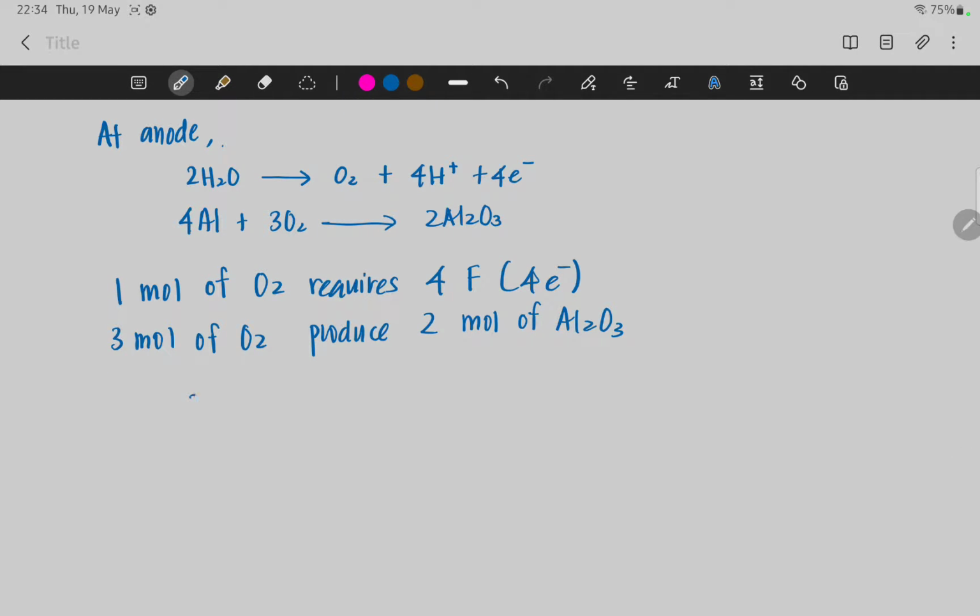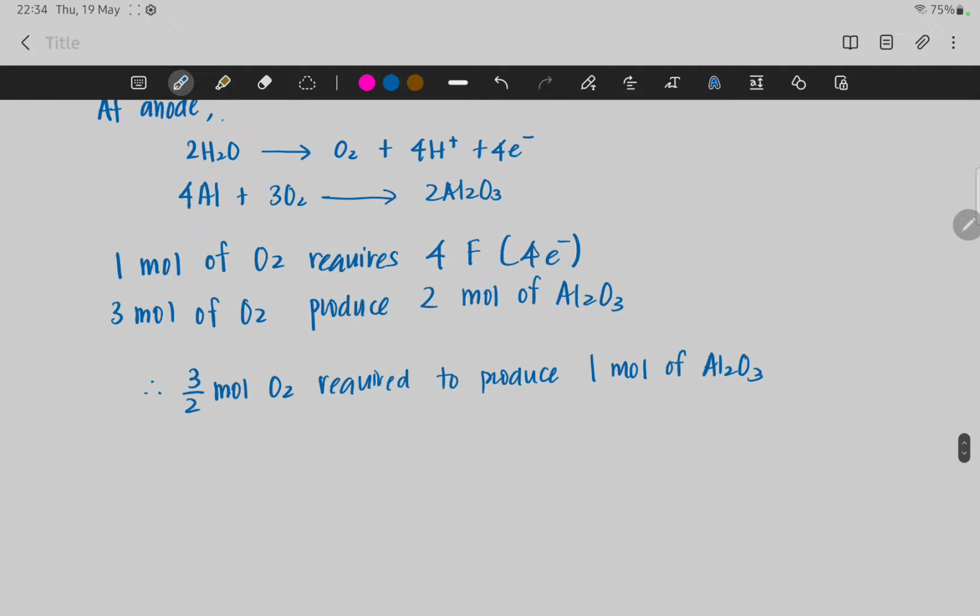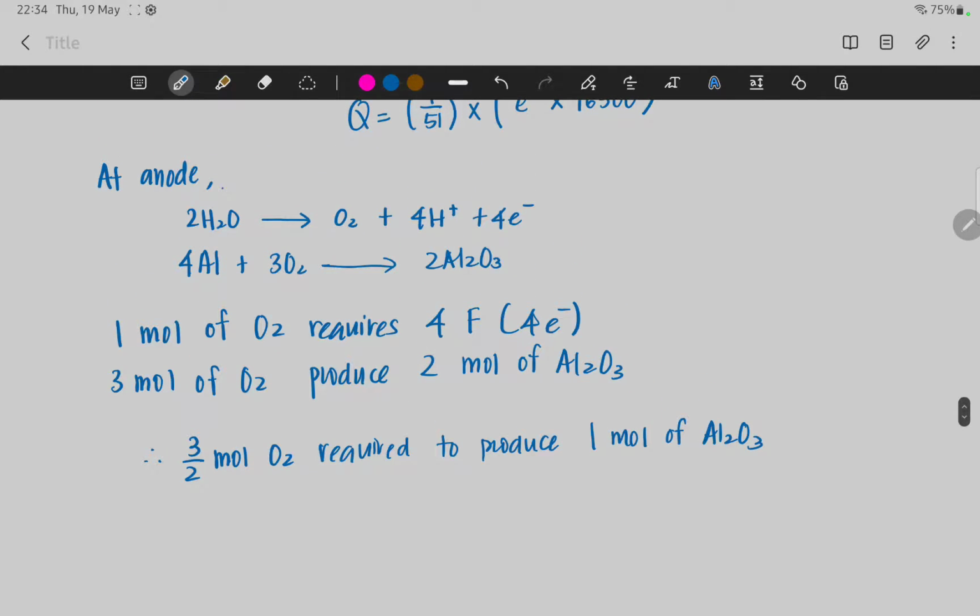So 3 over 2 mole of O2 is required to produce 1 mole of Al2O3. And how do we do that, teacher? How did you get the 3 over 2?